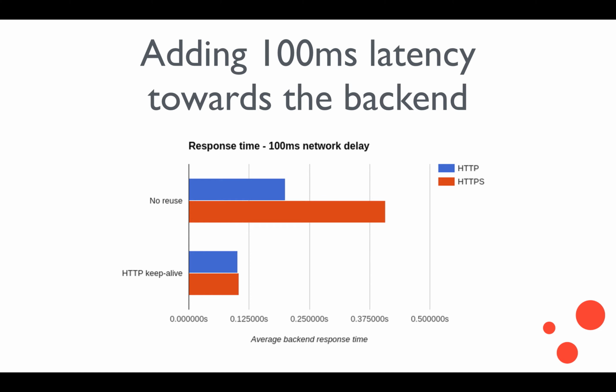Looking at the new connections every time, the top graph there, the picture now is around twice as much latency compared to regular HTTP traffic. But the bottom graph there is quite interesting, where we can see that when we are reusing the connections, the difference between non-encrypted and encrypted traffic is virtually non-existent. They are almost the same there.